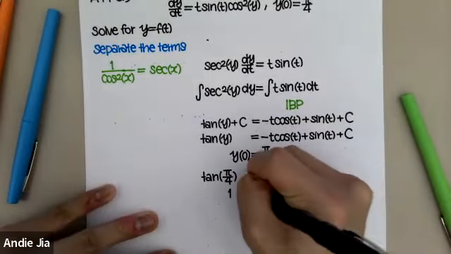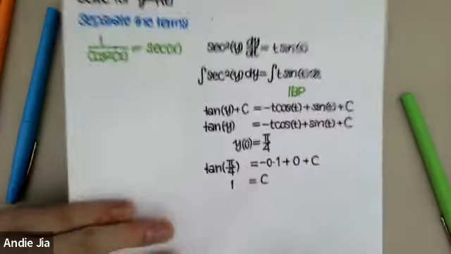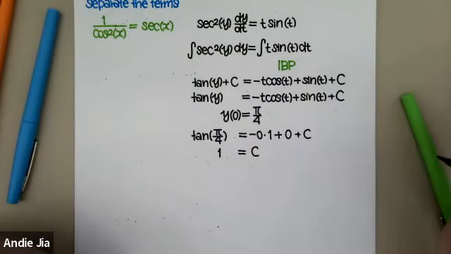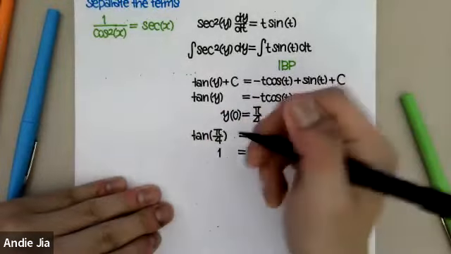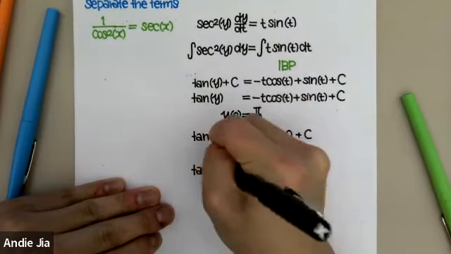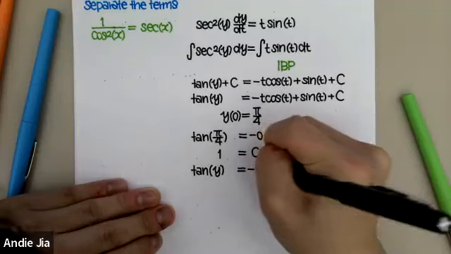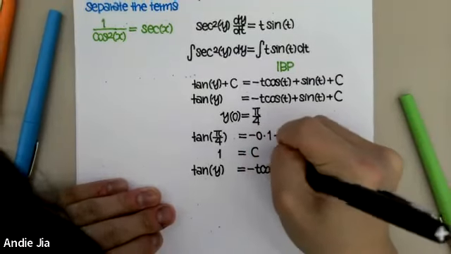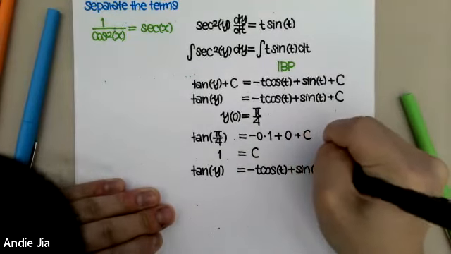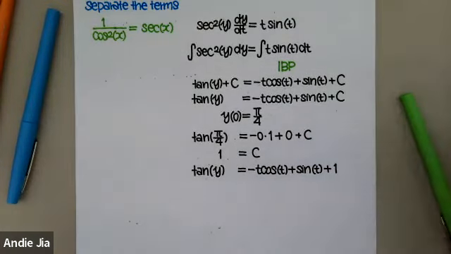So 1 equals C. So now tangent of y is equal to negative t cosine of t plus sine of t plus 1.